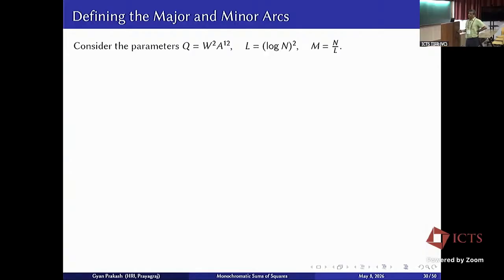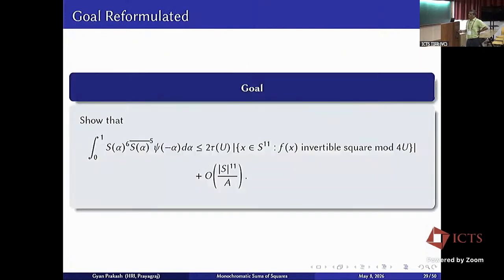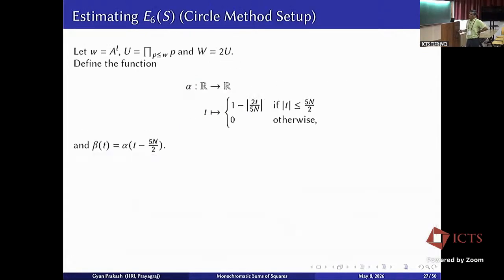So now I have to define what my major arcs and minor arcs are. I have already defined this W. W was a product over primes p less than or equal to A to the power L, W is equal to 2U.